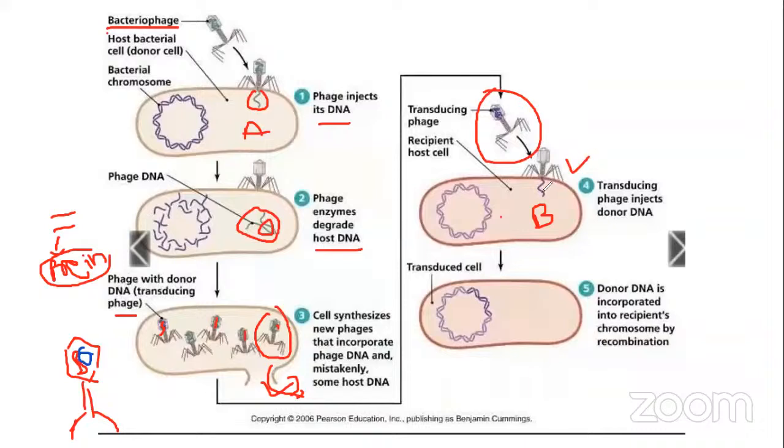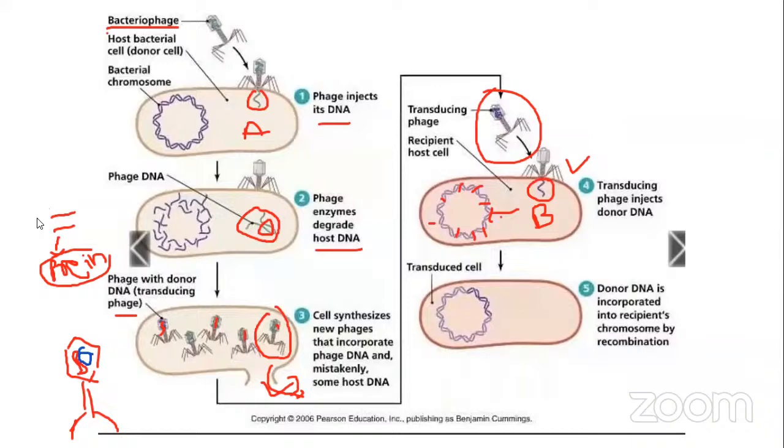Now the same process: when the viral DNA or phage DNA enters, automatically the bacterial DNA disintegrates. Now this DNA mixes with bacterial DNA. Already in this phage DNA, what is present?